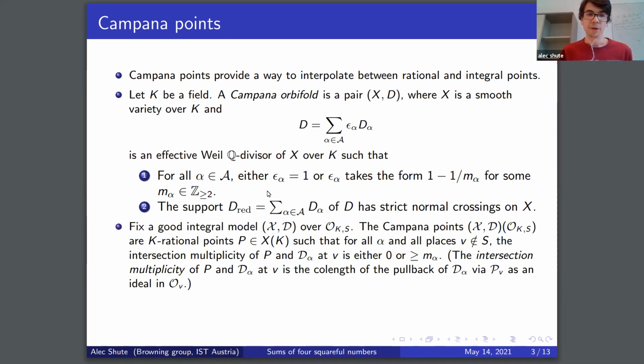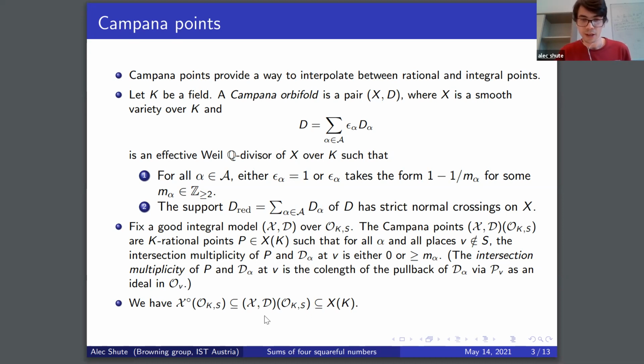In order to define Campana points, we then need to fix a good integral model of this over O_{K,S}. Here S is some finite set of bad places which contains all the Archimedean places. Then the Campana points are the k-rational points on X such that for any alpha and for any good place v, the intersection multiplicity of P and D_alpha at v is either 0 or at least m_alpha.